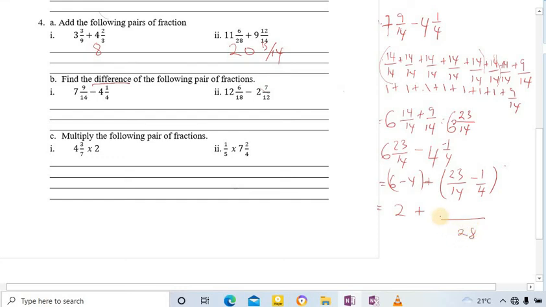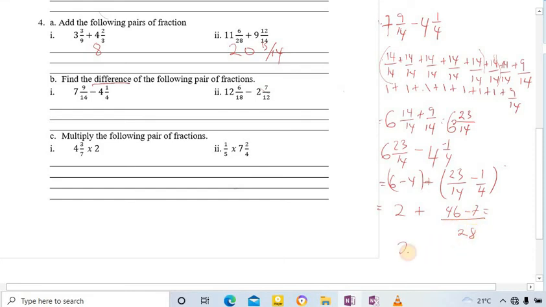Now 14 goes into 28 2 times, right? So 2 times 23 gives us 46. 4 into 28 is 7. 7 times 1 is 7. So we have for this part 39 over 28.